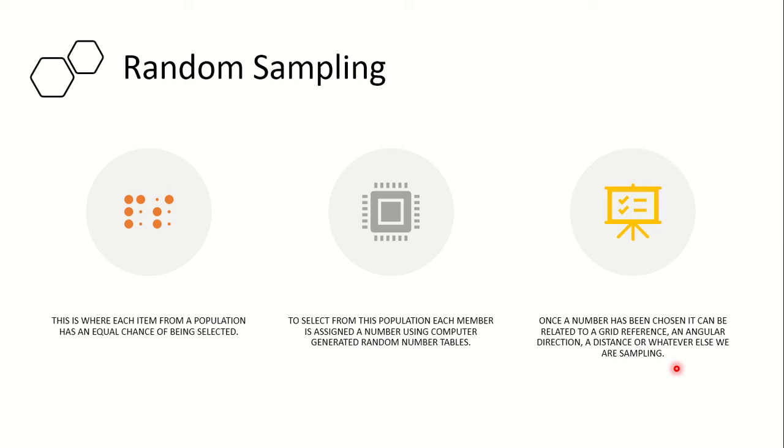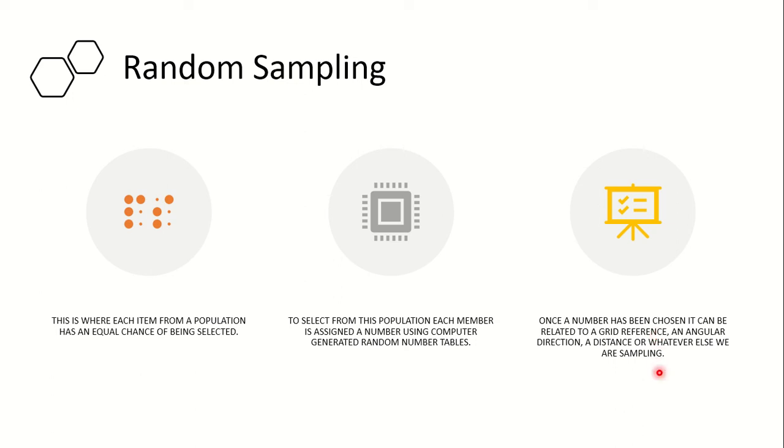So to remove bias from where to place your transect line, you could use a random number generator to select some grid references, and those grid references would then become the beginning and end points of your transect lines, and therefore your transect lines would be randomly chosen.